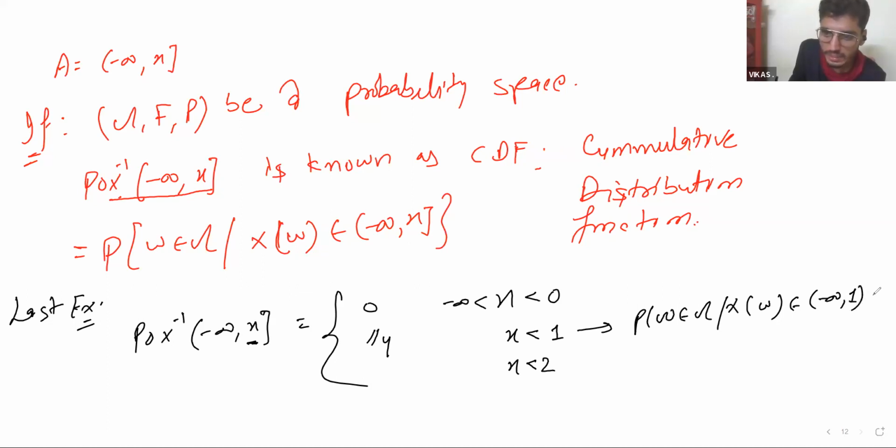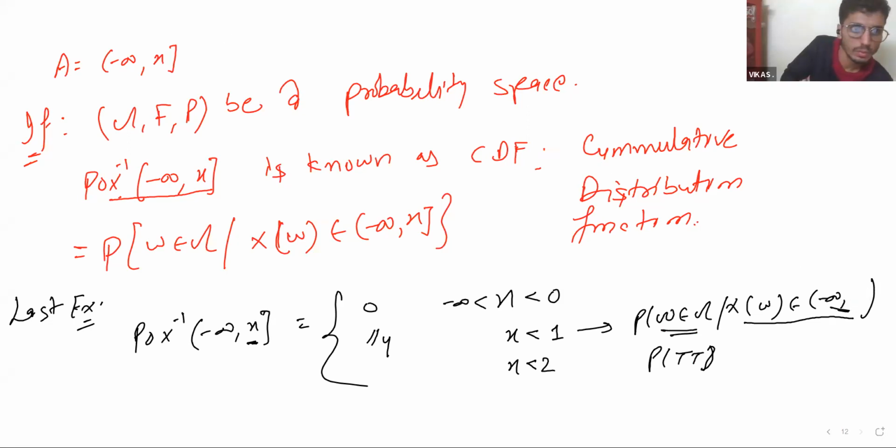Which omega have their image lying between minus infinity and 1? Only the tail, because 1 is not included. Similarly, when x is less than 2, you just have to write 2.